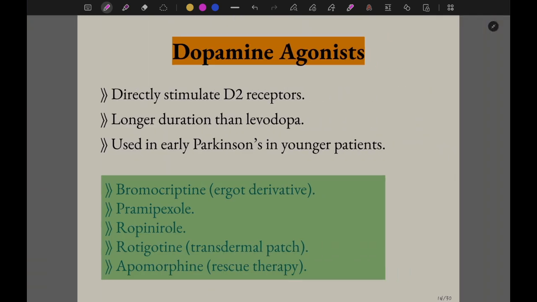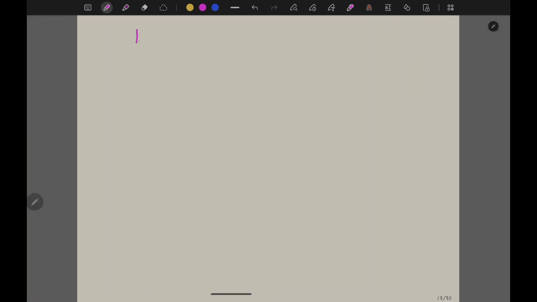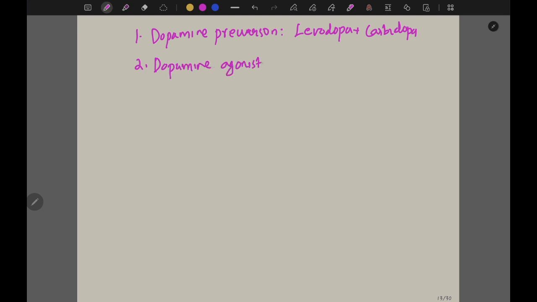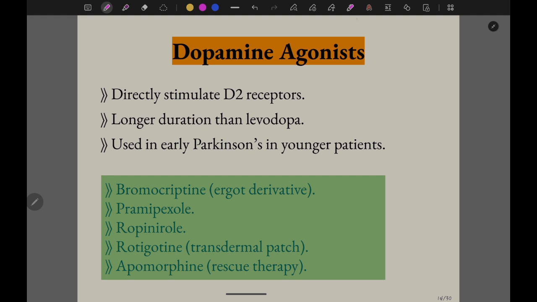The next group of drugs are dopamine agonists. First we discussed the dopamine precursor, which is levodopa along with carbidopa. And next is dopamine agonists. They directly stimulate the D2 receptors and have a longer duration of action than levodopa.